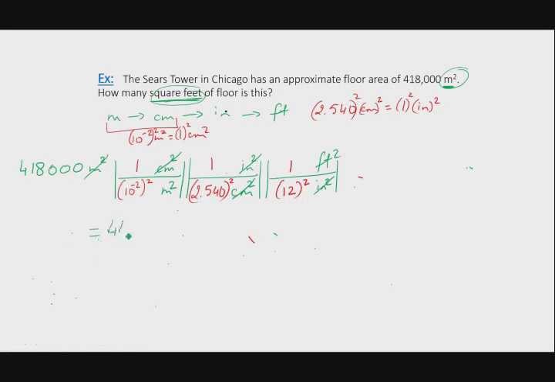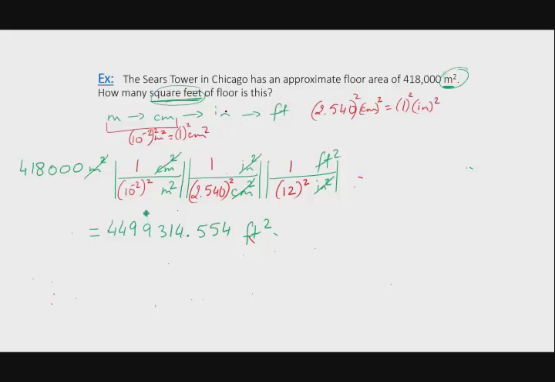Hopefully you got the same answer as me, that is 4,499,314.554 feet square. How many significant figures must this be written in? Yes, this needs to be written in 3 significant figures because of the area given.